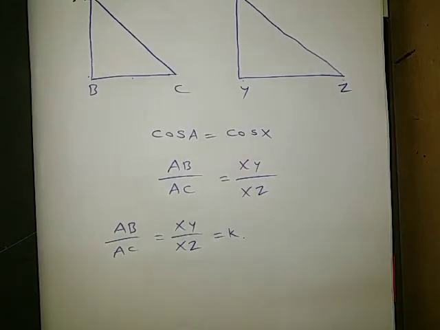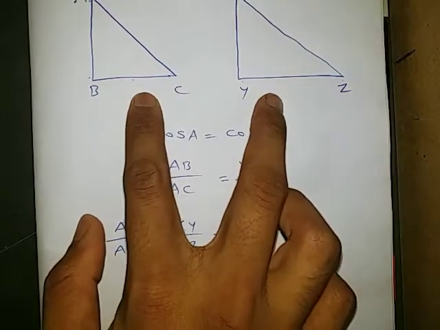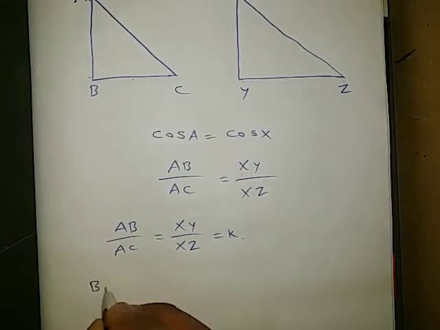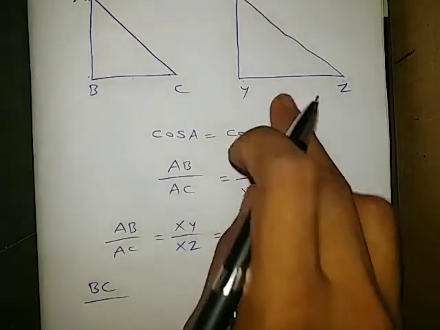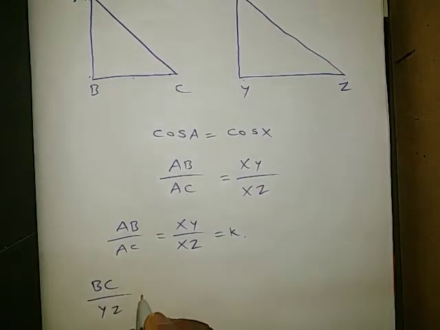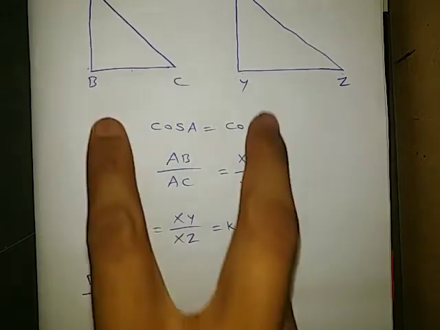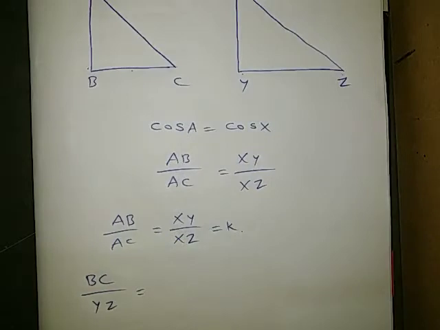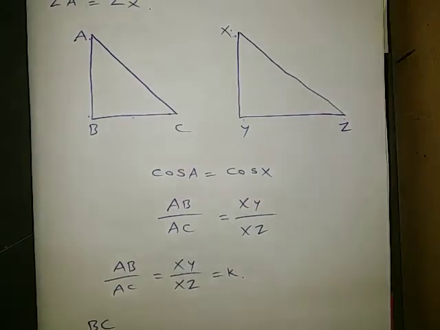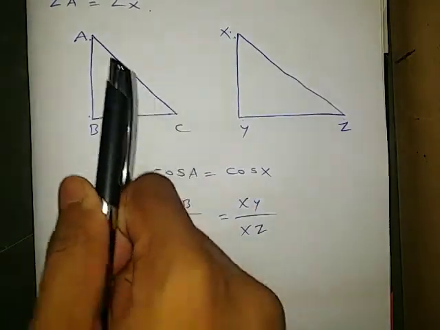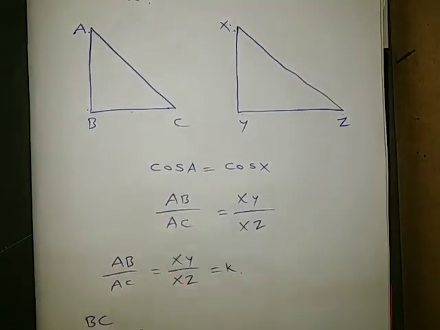Now I will find the ratio of the bases: the base of the first triangle, BC, divided by the base of the second triangle, YZ. If we apply the Pythagoras theorem for the first triangle, AC square is equal to AB square plus BC square.